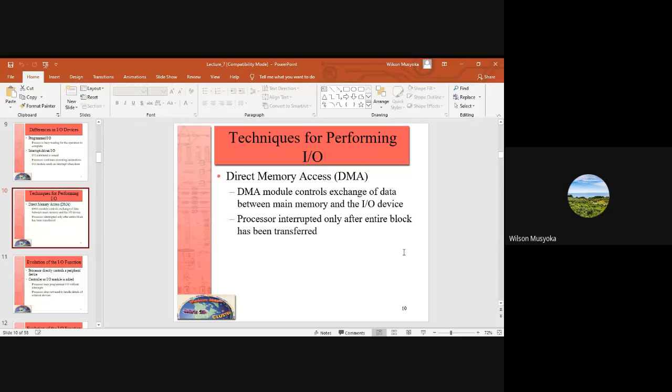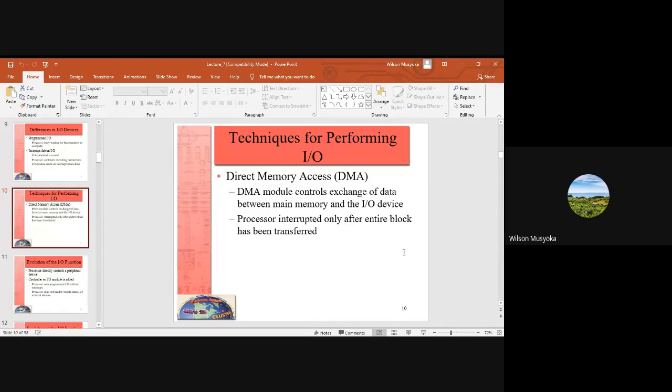And when we are performing these input-output activities, there is what we call direct memory access, whereby the processor doesn't need to be involved, but the input-output device can work directly with the memory. Data can be transferred between the input-output device and the main memory without the intervention of the processor.